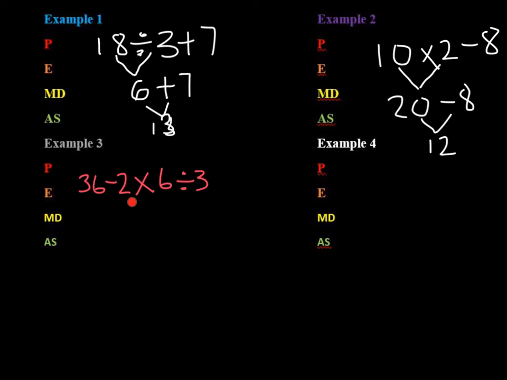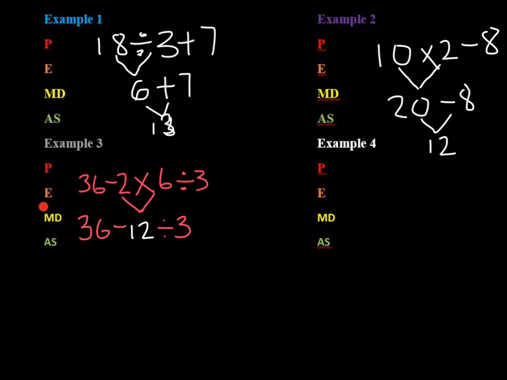So let's do that first. Since this comes before the division, we are going to do this first. Not because the M is before the D, but because this came first from the left to the right. Alright? So 2 times 6 is 12. Copy the rest down. 36, take away 12, divided by 3.